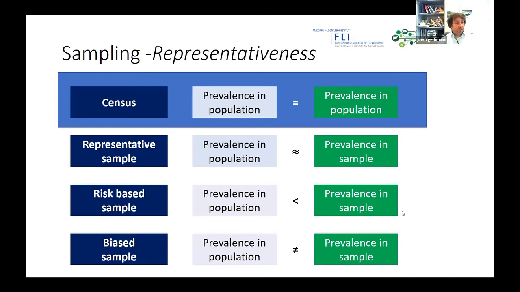As an example, for avian influenza, you just select animals that show clinical signs to detect avian influenza in a farm. And if you have a biased sample, then the prevalence in the sample is not equal to the prevalence in the population, and that's what we want to avoid.